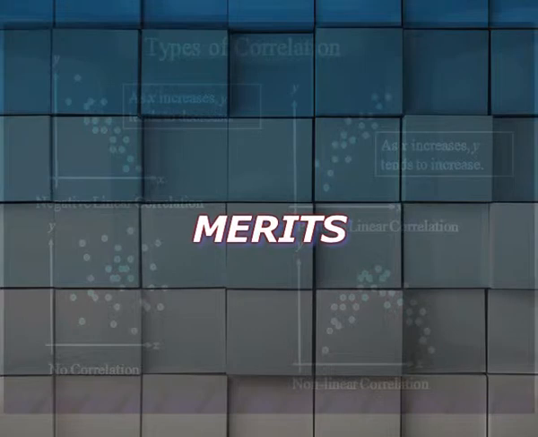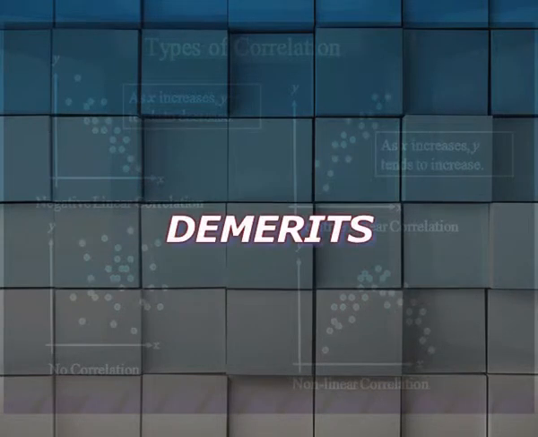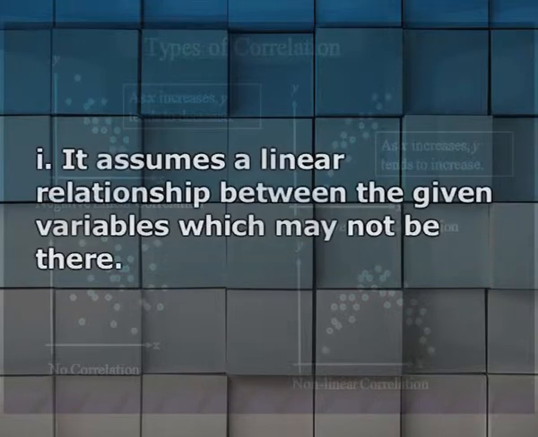Let's see the merits first. First one, this coefficient measures both the direction and the degree of the correlation between two variables. Second one, this is amenable to further algebraic treatment. Let's see a few of the demerits here. The first one, it assumes a linear relationship between the given variables which may not be there.